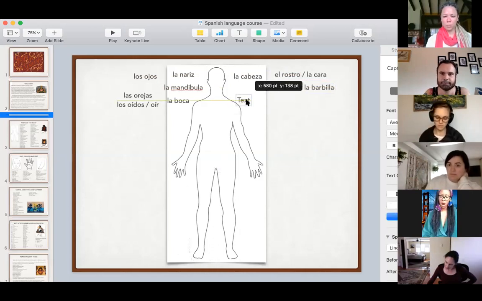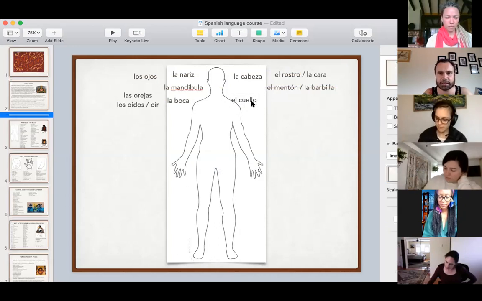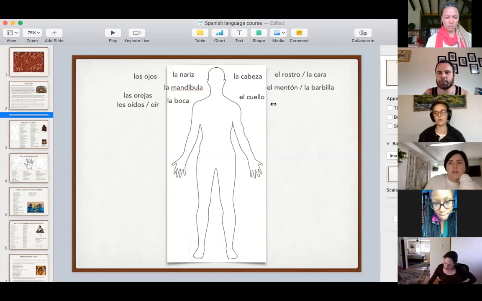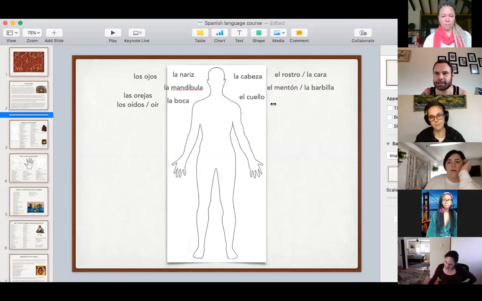El cuello. Very nice. Can you see that this word has a double L in the middle of it? A double L in Spanish is pronounced like a y noise, cuello. In certain parts of Latin America, they might pronounce a double L like a j or like a sh, depending on where they come from.